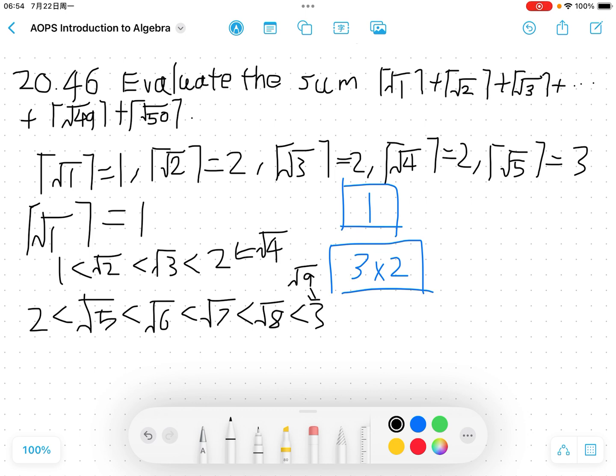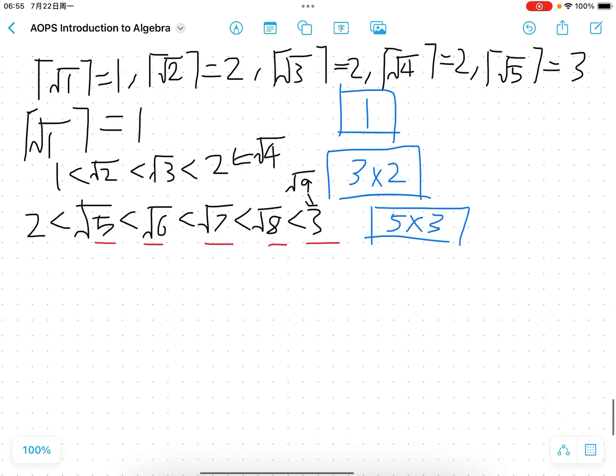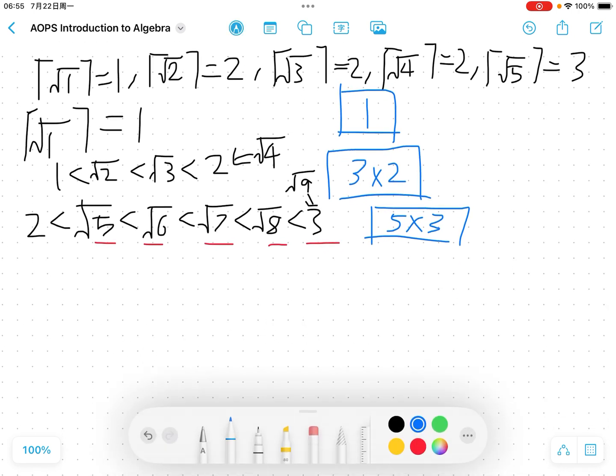Because all this stuff is between 2 and 3, we have the ceiling function of these 5 square roots be 3. So we've got 5 times 3. We do that for everything, which we're going to do now.